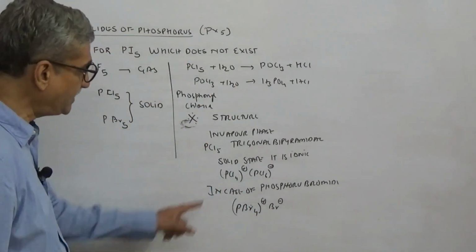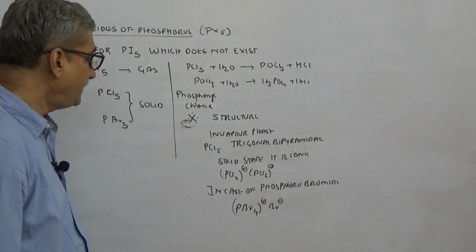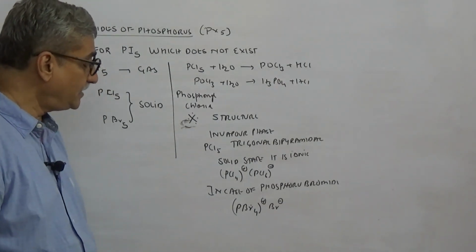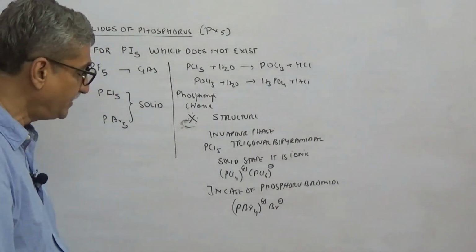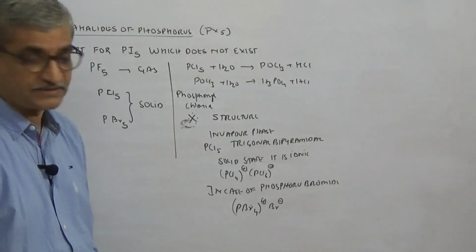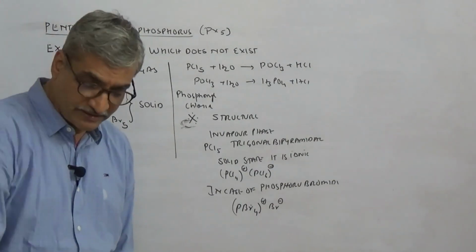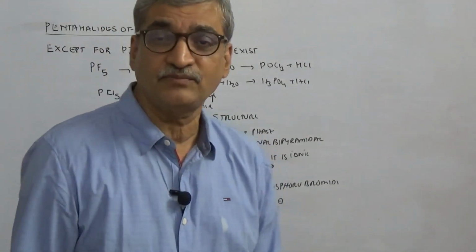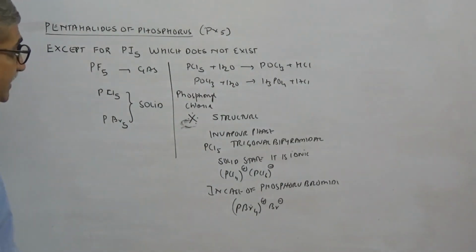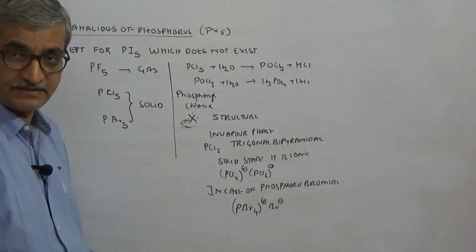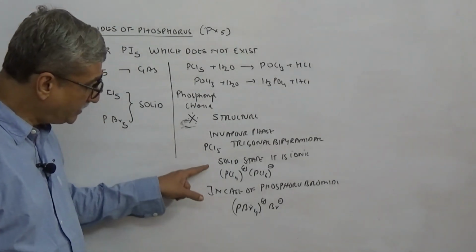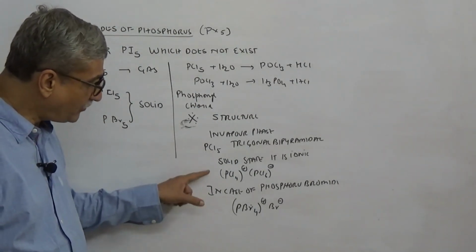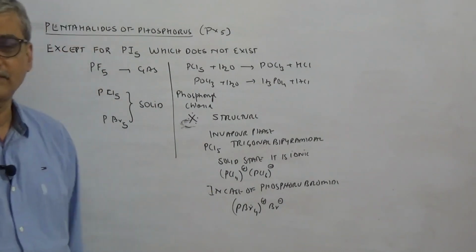You will ask why it's not PBr4 plus and PBr6 minus. Accommodating 6 huge bromine atoms becomes very difficult. Is this point clear? The steric hindrance is one of the reasons why PI5 does not exist. Is it clear? So I would request you to remember these two things: in the solid state, what is the ionic formula that we have. This is important from the entrance exam point of view.